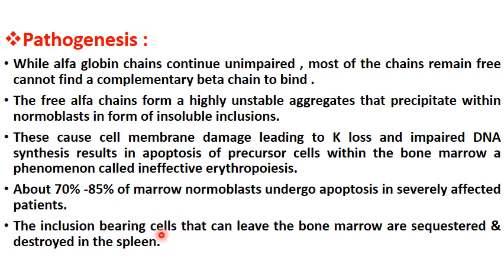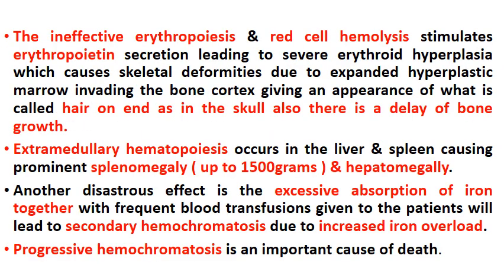Inclusion-bearing cells that can leave the bone marrow are sequestrated and destroyed in the spleen. The ineffective erythropoiesis and red blood cell hemolysis lead to stimulation of erythropoietin secretion, which leads to severe erythroid hyperplasia. When there is severe erythroid hyperplasia, it will cause skeletal deformities.